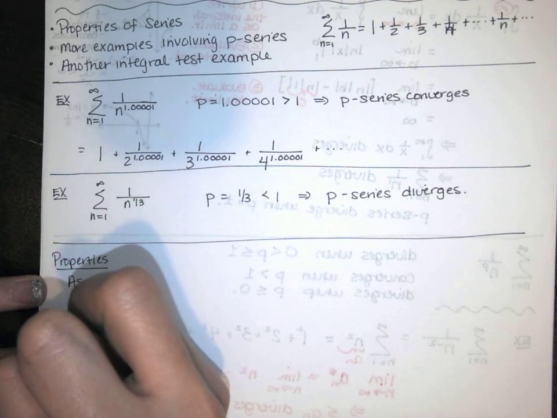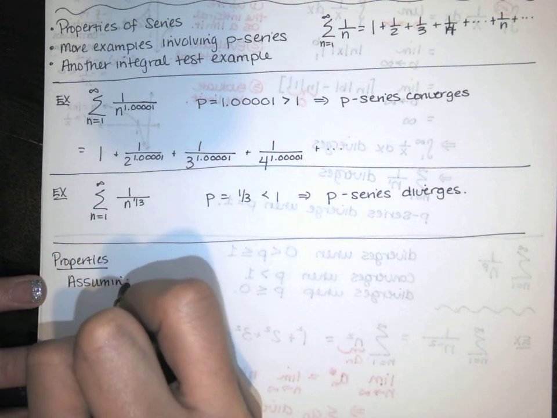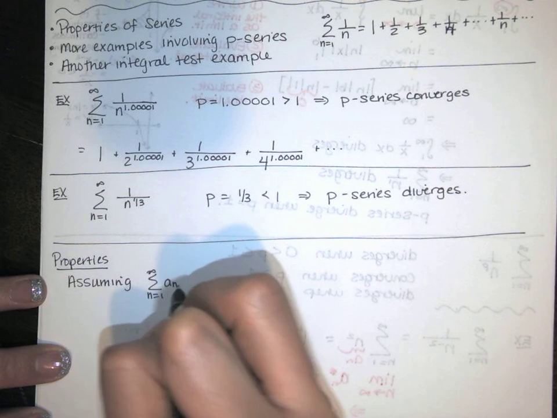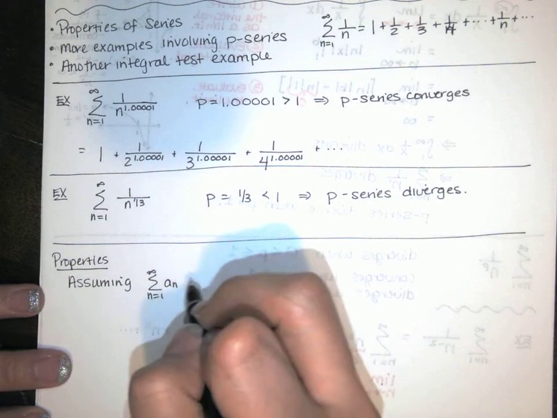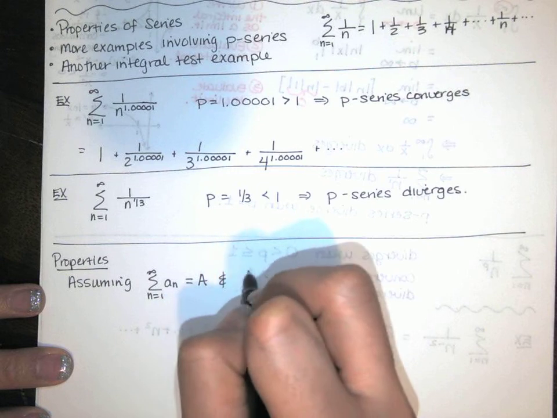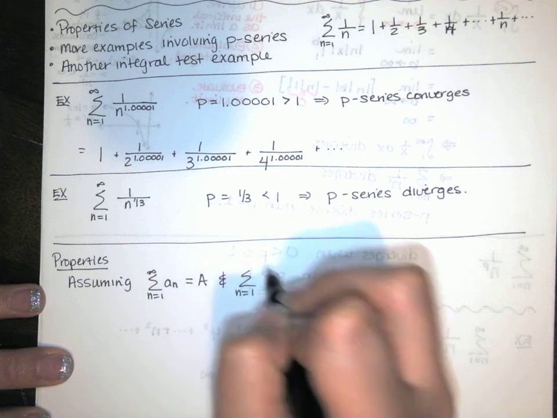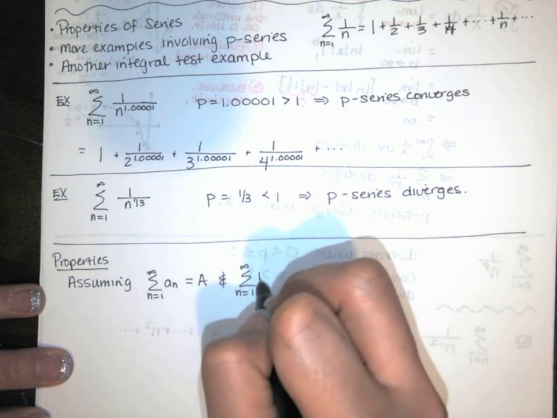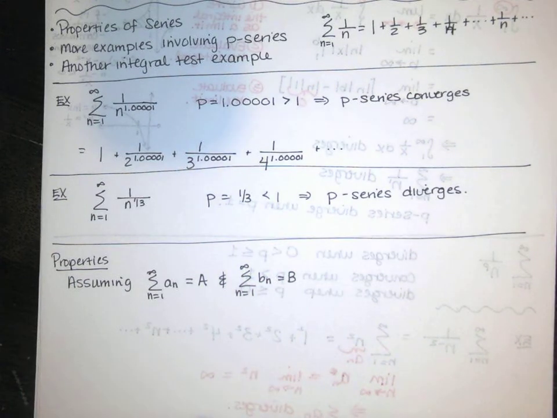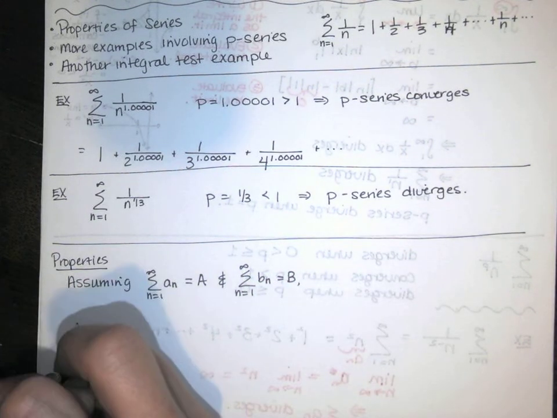Let's assume that this series, the sum as n goes from 1 to infinity of a sub n, converges to a. And we'll also assume that the sum as n goes from 1 to infinity of b sub n, a different series, converges to b. So assuming both of these converge, then the following converge.